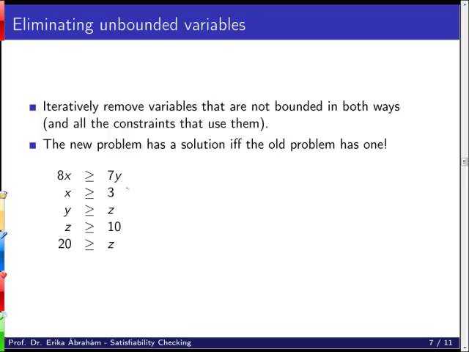Now, we have variables which have lower and upper bounds. We might also have the case that one of these sets is empty. For example, in this case, what kind of bounds are put on x?